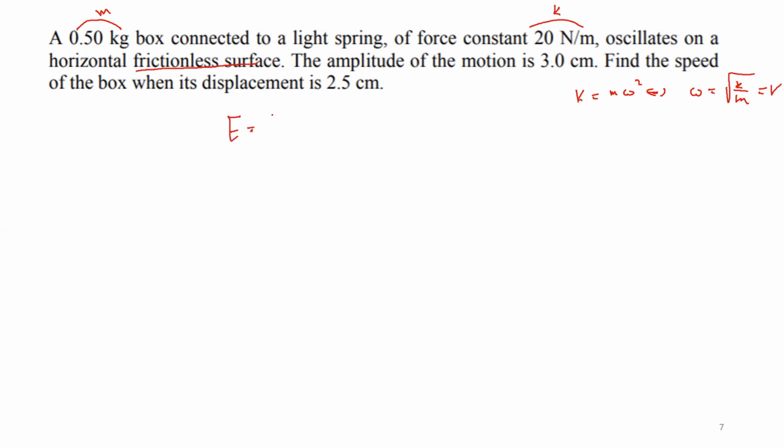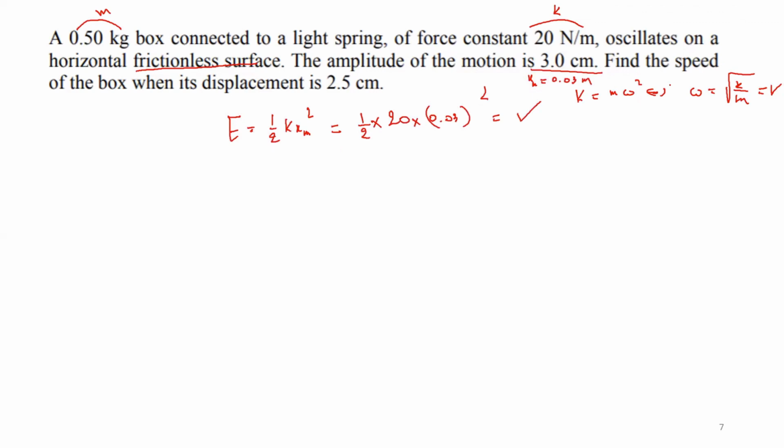Mechanical energy E is just 1/2 K x max square, and it's conserved. I gave you x max, which you put into meters, so 0.03 meters. So I can calculate my mechanical energy: 1/2 of 20, 0.03 square.